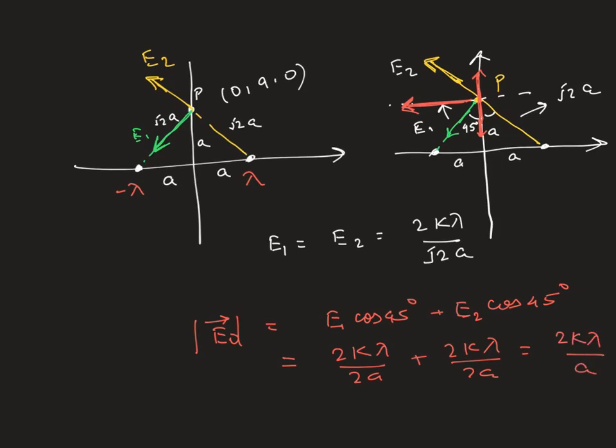And what is the direction? You must notice the direction here. The direction is along the negative x-axis. So if I mention the field with direction, the net field is going to be 2k lambda by a along minus i cap.